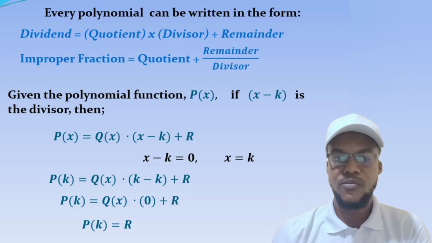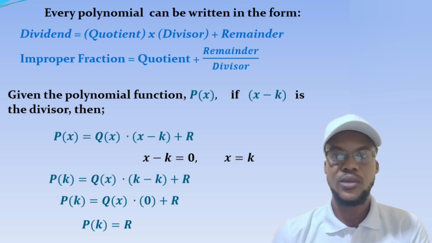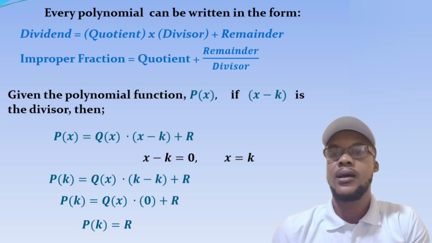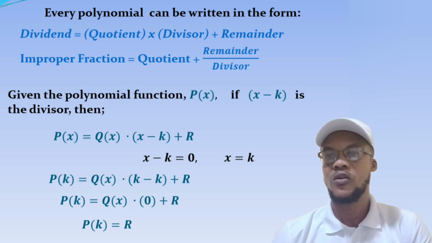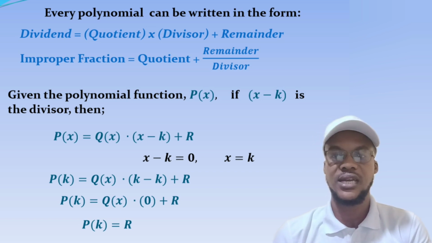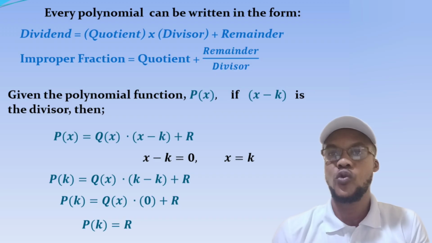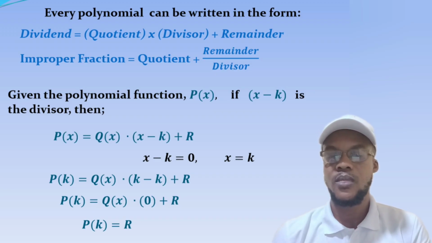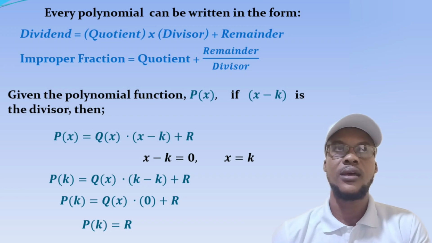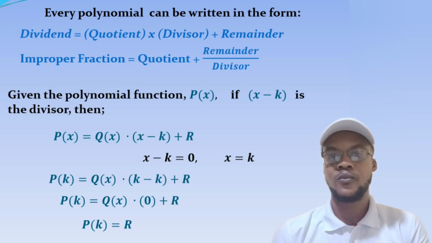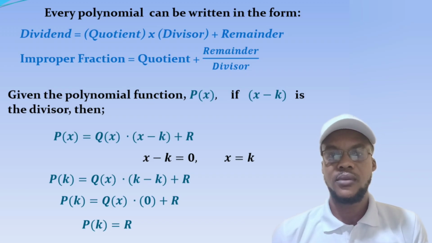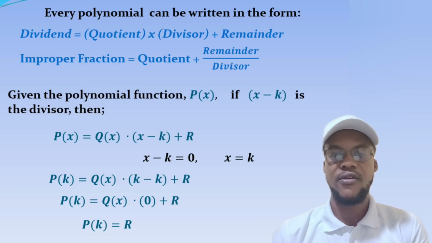So for the remainder theorem, if you are given a polynomial function to divide by a linear function like x minus k, all you do is find the zero of that linear function, then substitute the value of x, work it out, and whatever is left is the remainder. That is the principle of the remainder theorem.